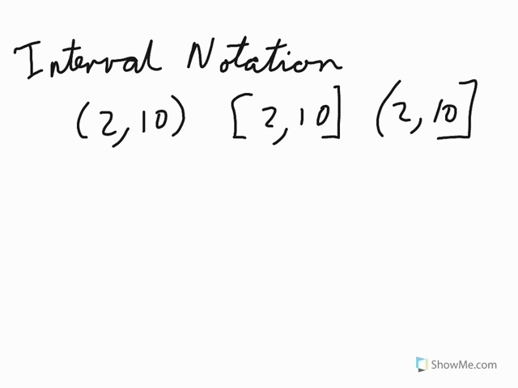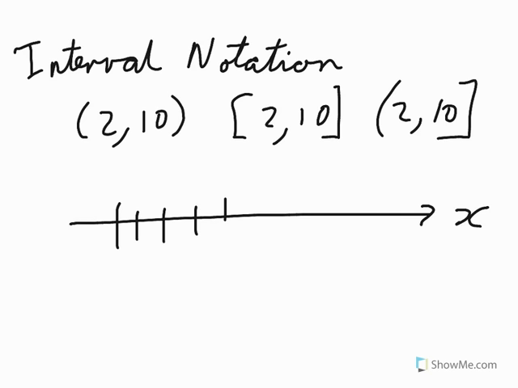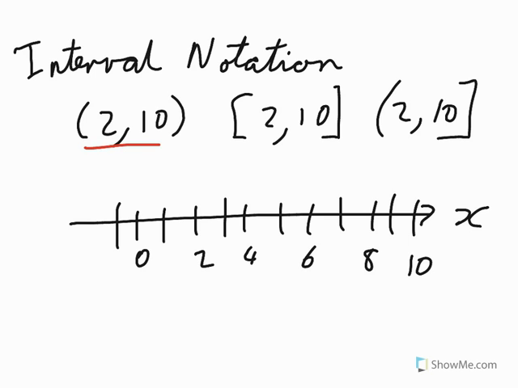So if we look at some number lines for this, there's 0 there, 2, 4, 6, 8, and 10. First one, 2 is not included, so we have a circle at 2. 10 is not included, we have a circle at 10, everything in between.